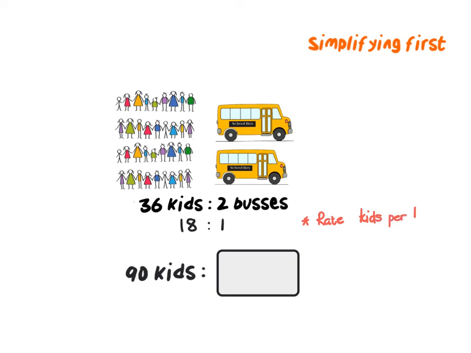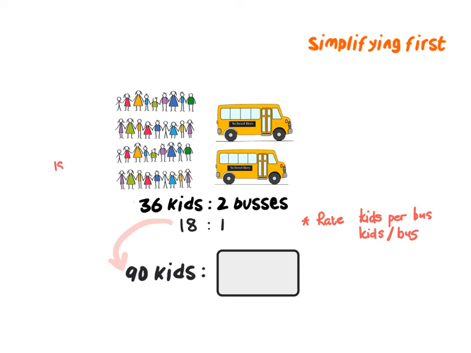We can also write this as, you might have seen this before, kids per, so we use that little slash there, bus. Now that we know that 18 kids go into 1 bus, it might be a little bit easier to go from 18 to 90. If you're not sure how to do that, one of the easiest ways is to write down the multiples of 18.